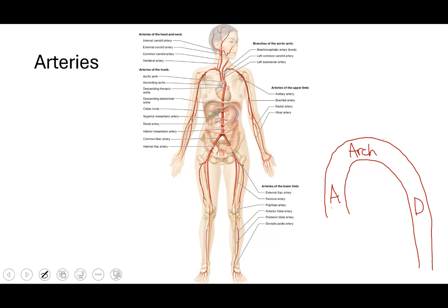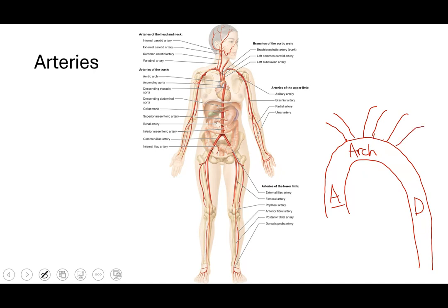If I'm starting at the ascending aorta, you need to tell me about the arch, and the specifics. All right, so let's talk about these 3 branches. One of the arteries coming off here supplies the right side, and 2 of them go to the left side.